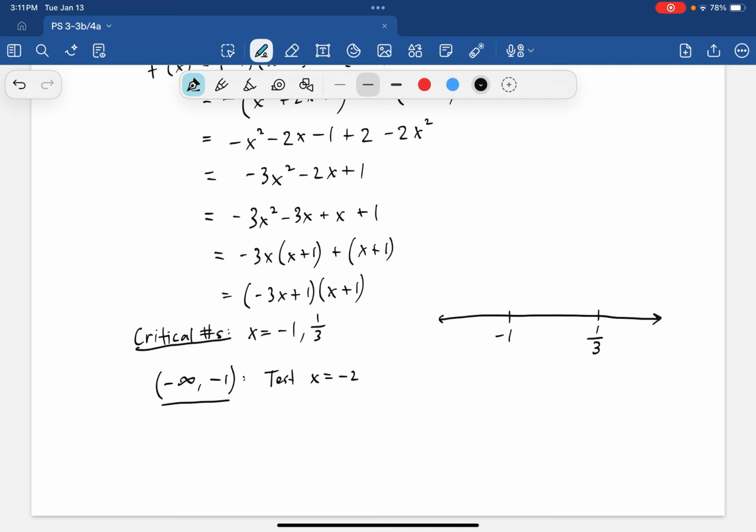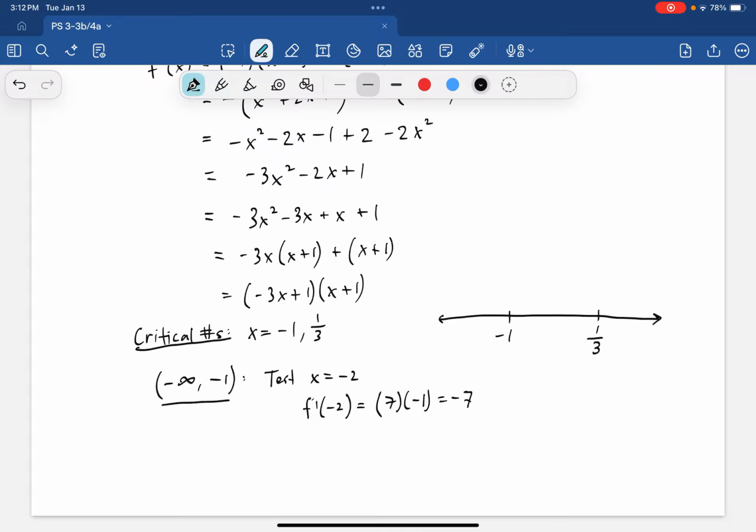I just need to plug that into my derivative here and see whether the derivative is positive or negative. So f prime of -2 is going to be equal to 7 times -1, which is -7.